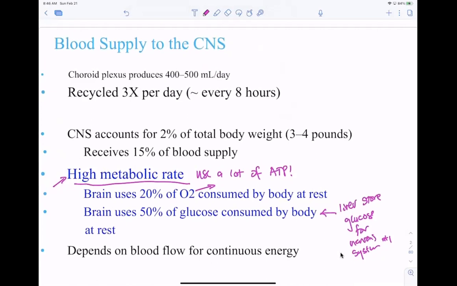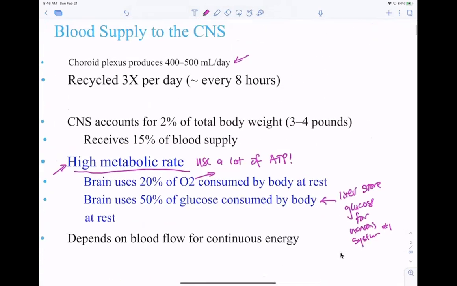So choroid plexus, this is where you create cerebral spinal fluid. Cerebral spinal fluid is what makes contact with the neurons. It's really turned over 3 times a day or every 8 hours.